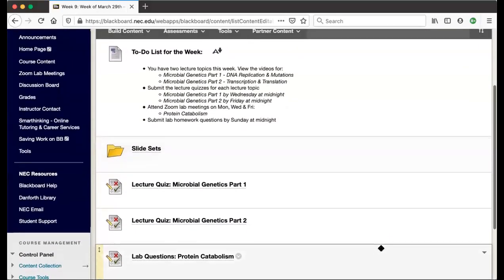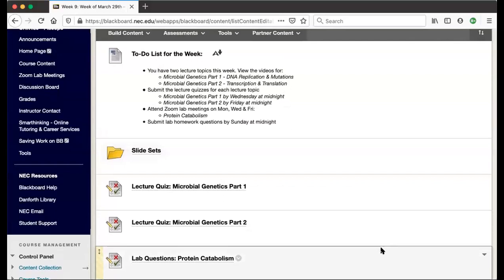We have 2 lecture topics this week about the DNA molecule. So we'll be talking about genetics in the sense that we're talking about what microbial cells, in fact, what all cells do with the DNA molecule. And remember, there are 2 things that cells use DNA for. The first thing is to make more DNA.